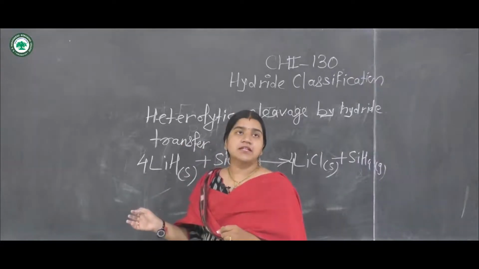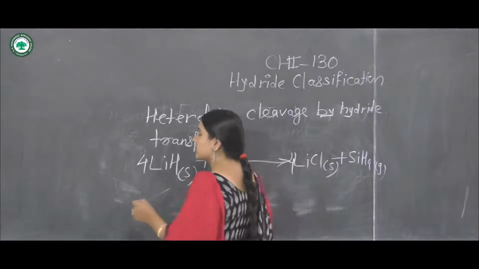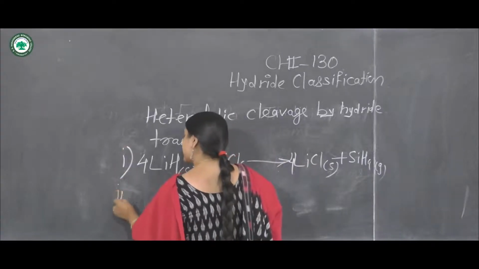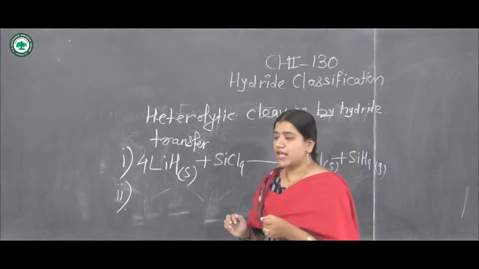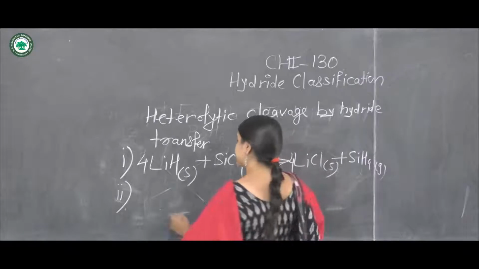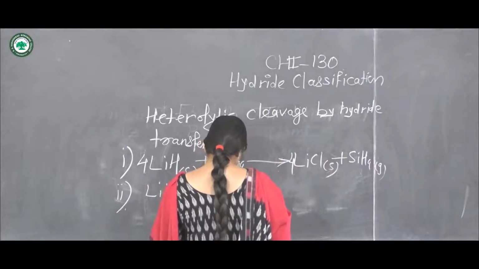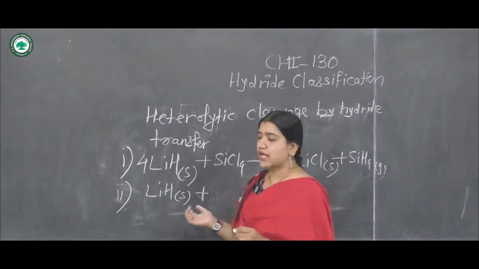Then the second thing is the addition to the Lewis acid. For addition to the Lewis acid, the next reaction is LiH solid plus B(CH3)3.